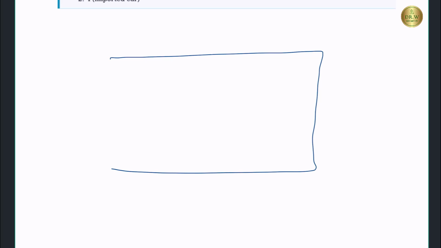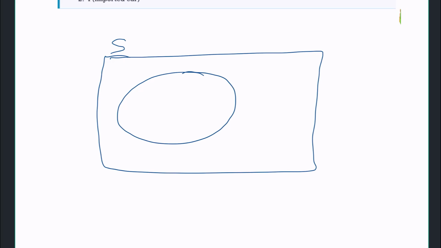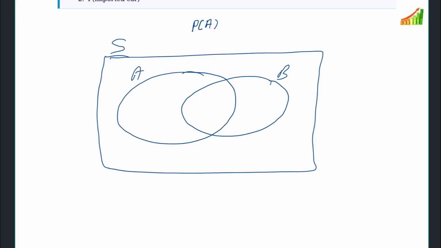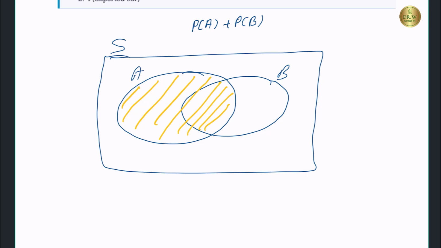So there are two events A and B and the sample space S. This is A, this is B. Probability of A plus probability of B. The probability of A is the probability in A, right? So I color this. This is A. Then the probability of B means everything in B, right?